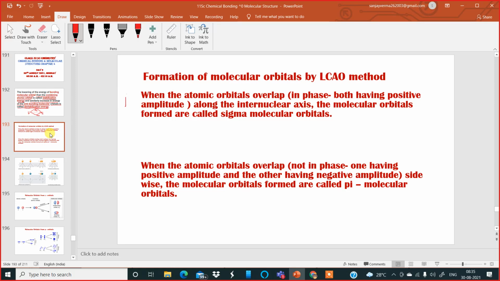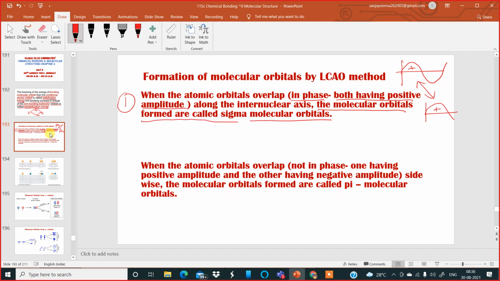Here the first point: when the atomic orbitals overlap in phase, both having positive amplitude, like this, if this is atomic orbital 1 and another atomic orbital, and they overlap positive over positive, the molecular orbitals formed are called sigma molecular orbitals.